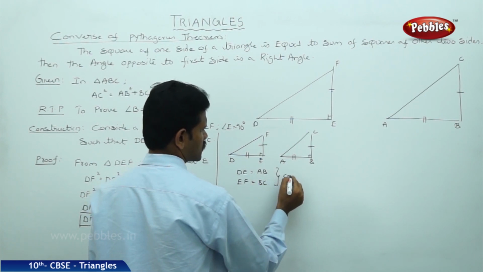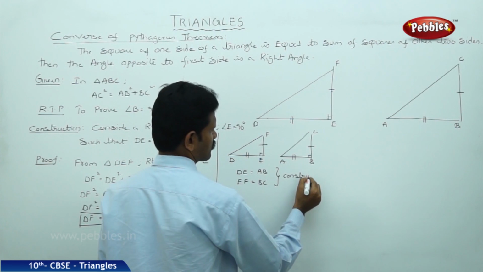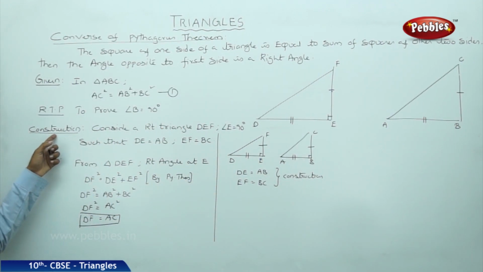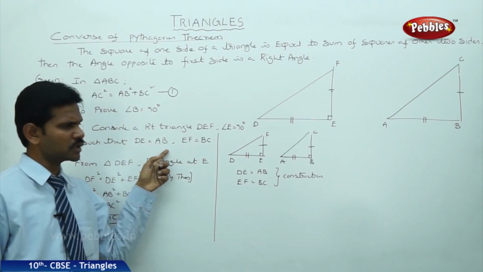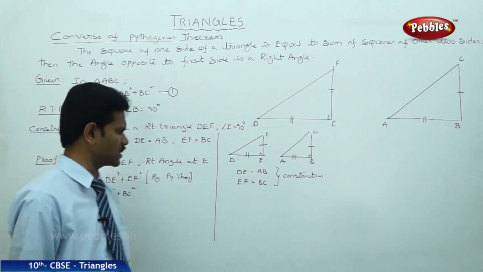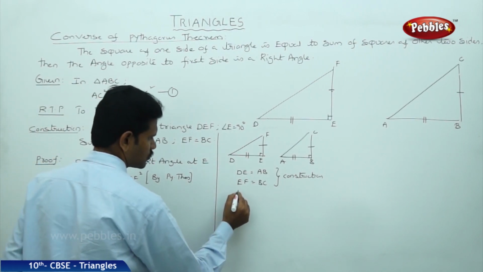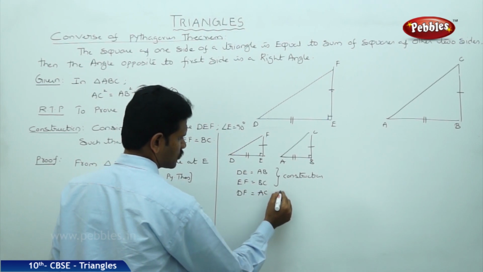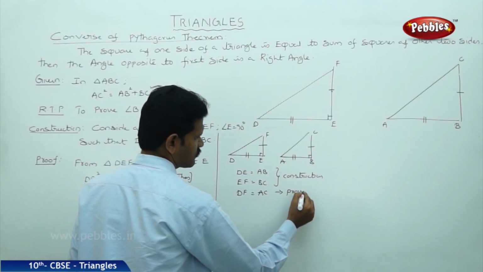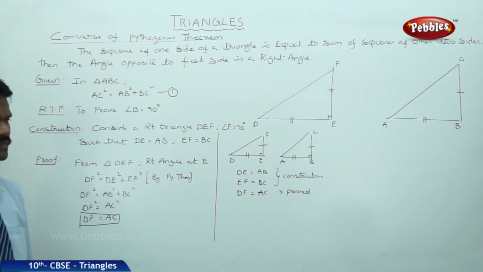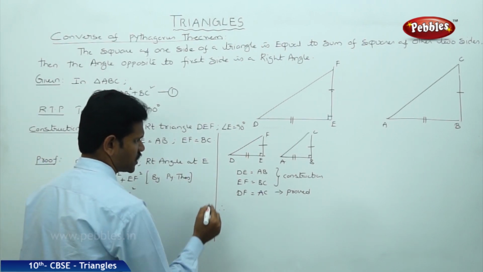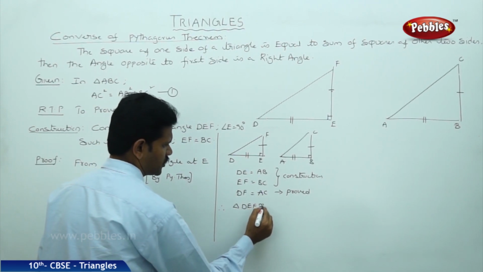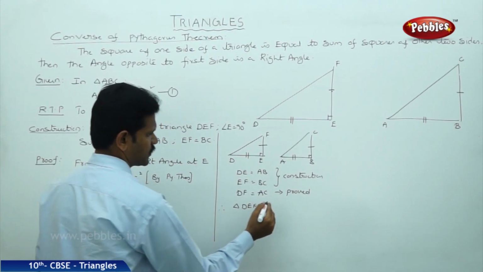Reason for these two is construction. In the construction, we supposed that DE is equal to AB and EF is equal to BC, and DF is equal to AC. Just now we proved this one. Therefore, from these 3 points we conclude that triangle DEF is congruent to triangle ABC.